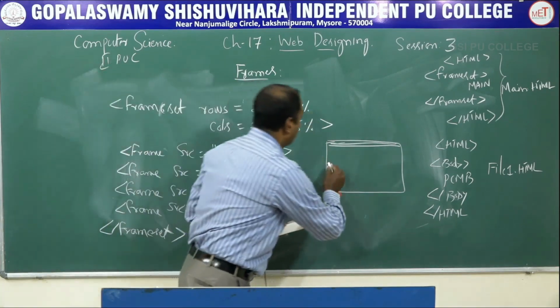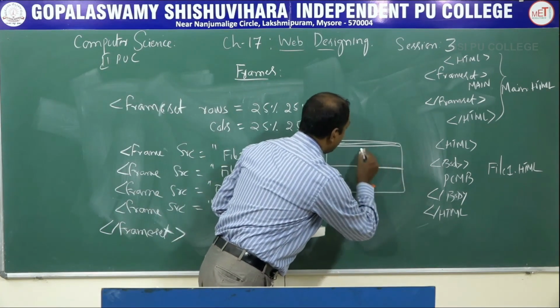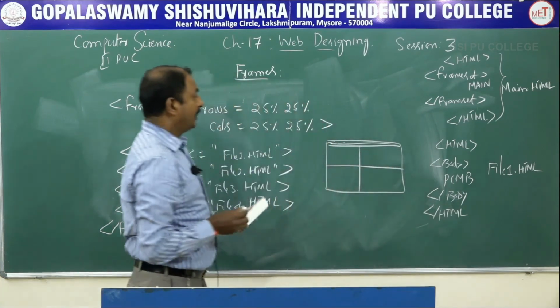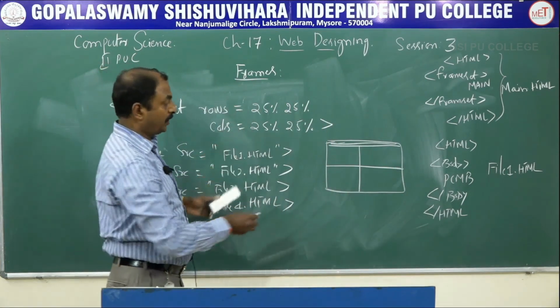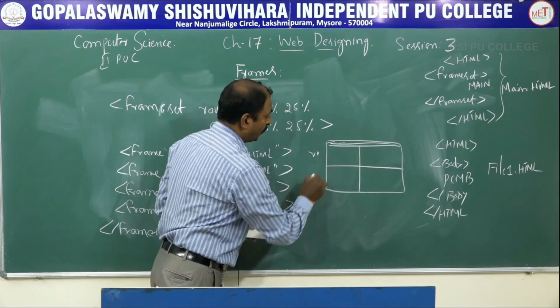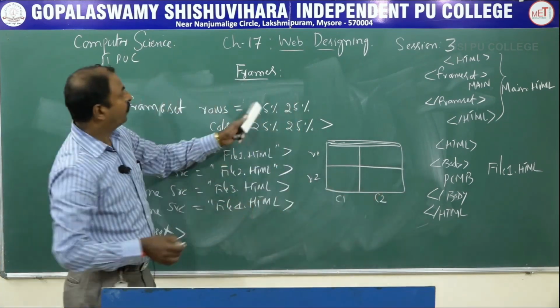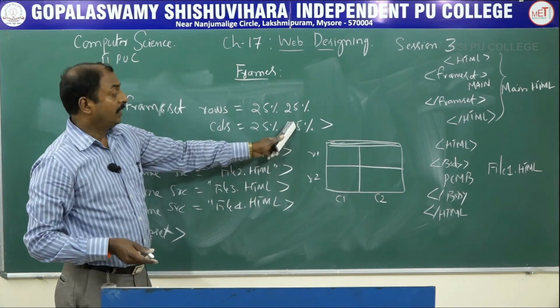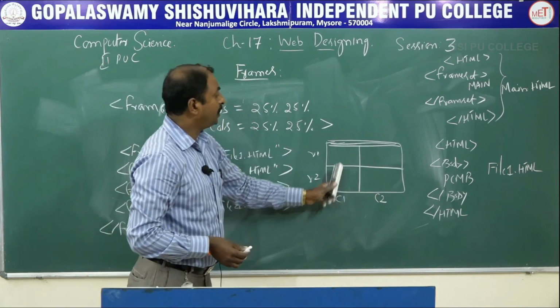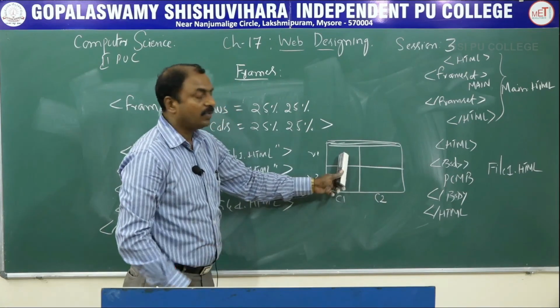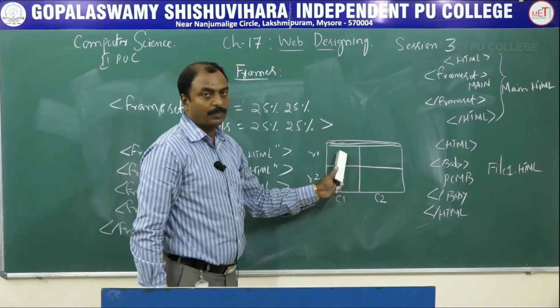So the output will be like this: 2 rows, 2 columns. In this example, this is row 1, row 2, column 1, column 2. There are 4 values here. So in each individual section or frame, we can load an individual program or application.